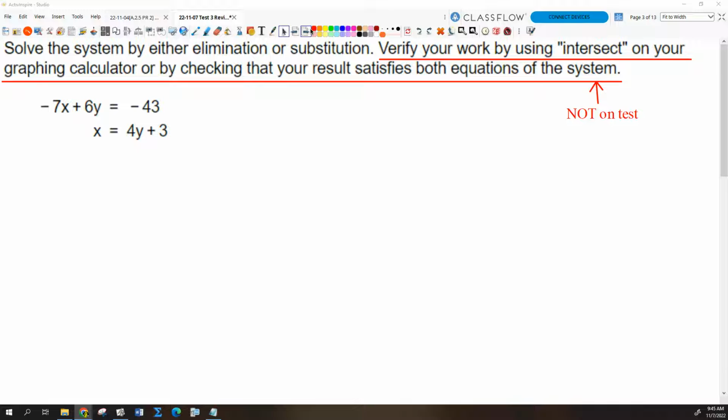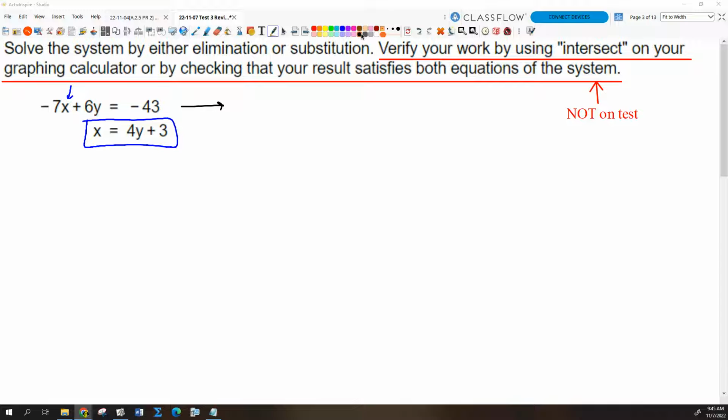Okay. So remember, with substitution, we're trying to isolate a variable and substitute into the other equation. Well, here one's already isolated. First thing I do when I isolate the variable is put a box around the substitution equation, and I have to substitute into the other equation. So what used to be an x is now going to get replaced by 4y plus 3. So what do we get then?